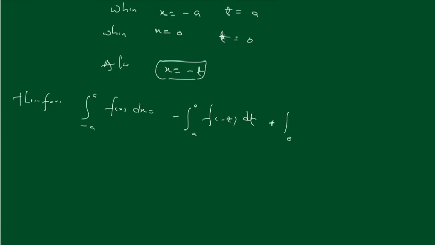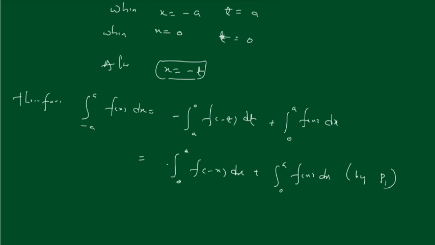The second integral is as it is, 0 to a of f of x dx. Just changing the limits, 0 to a, the sign changes here, applying property 1 also: f of minus x dx plus the second term as it is, the integral from 0 to a of f of x dx by property 1. Take it as equation 1.